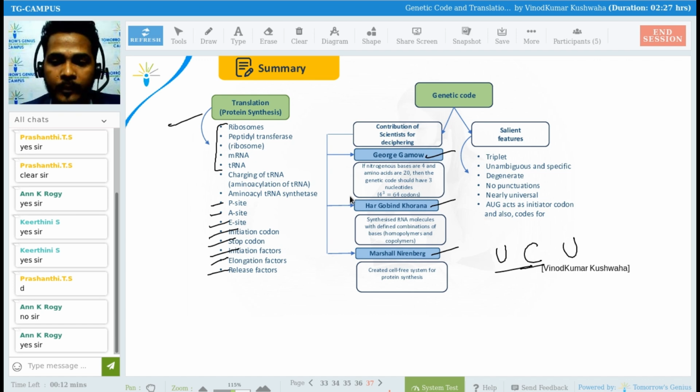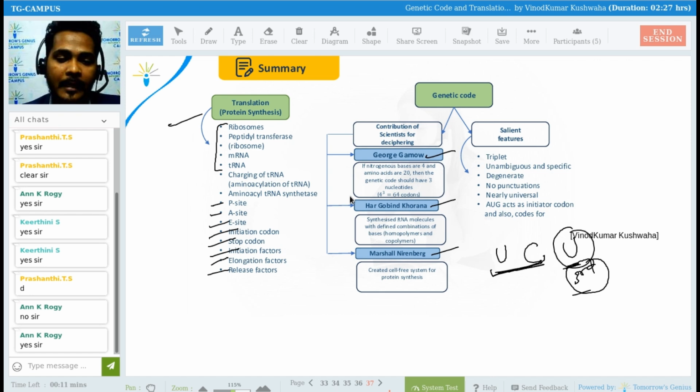The initial two bases of the codon have a precise pairing with the bases of the anticodon of tRNA, while the pairing between the third base of the codon and the anticodon may wobble. This is the third position, and these are the first and second. The first and second positions pair accordingly, but this one can be a wobble position.